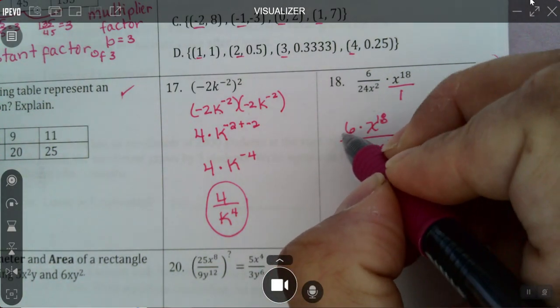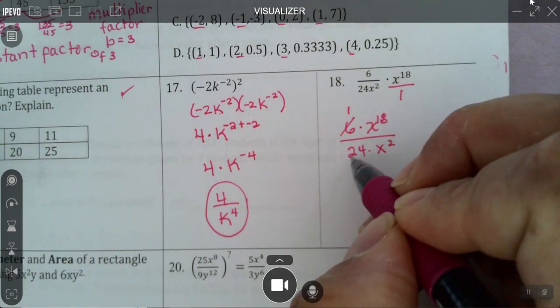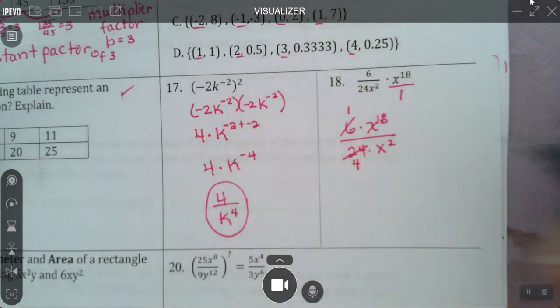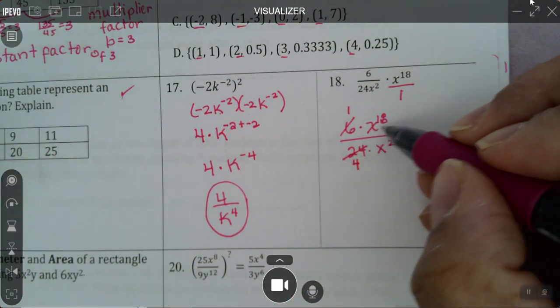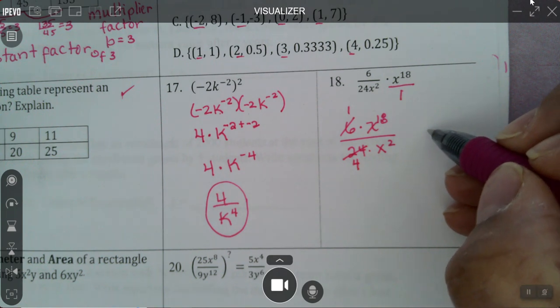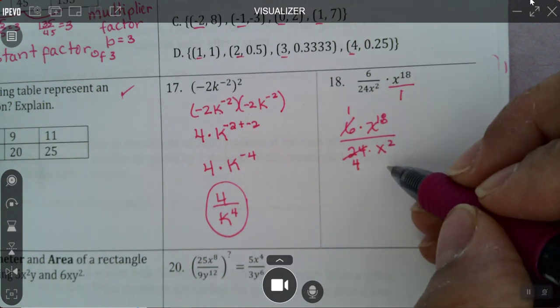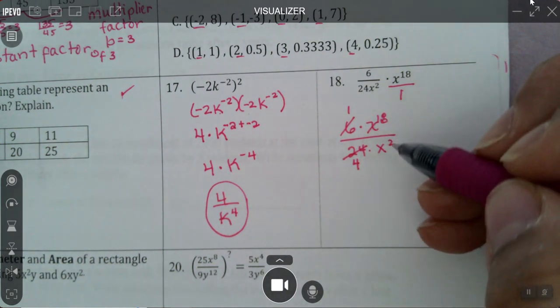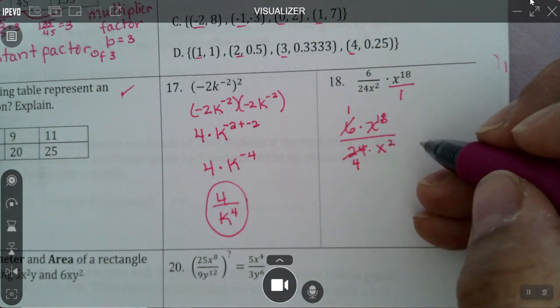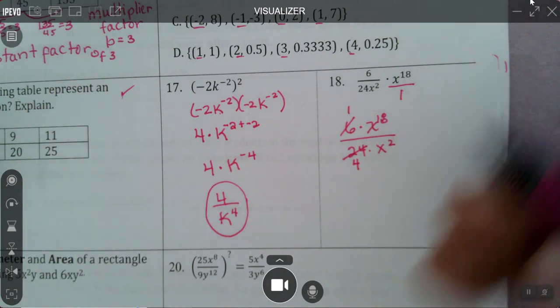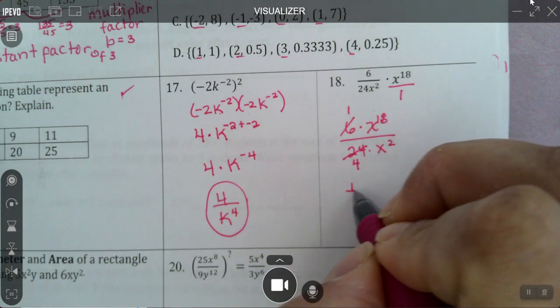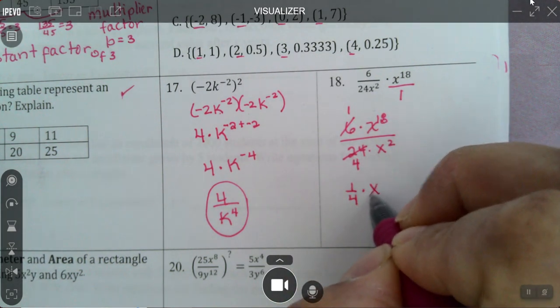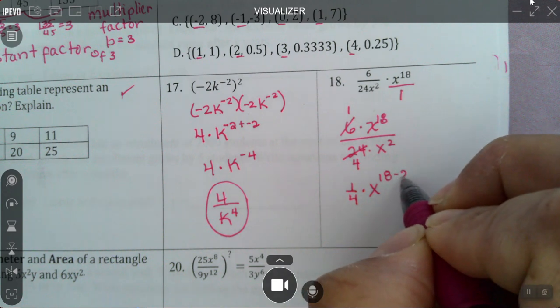So 6 goes into 6 1 time, and 6 goes into 24 4 times. Now, you have 18 x's, and we're going to take away 2. How many do we have left? 6. Yes, when we multiply, we add them. When we divide, we subtract them. Are we clear? So this is 1/4 times x to the 18 minus 2.